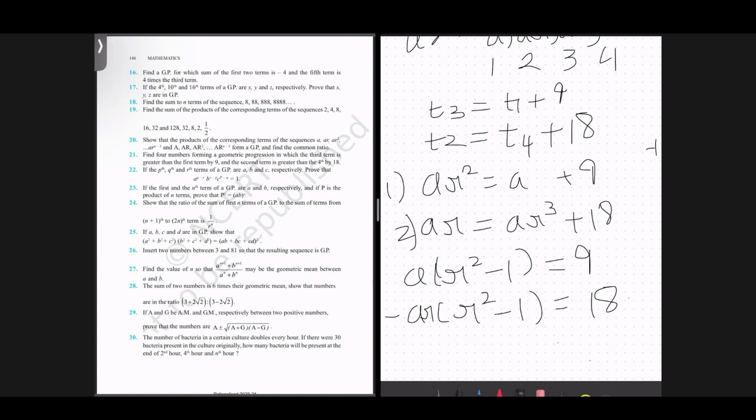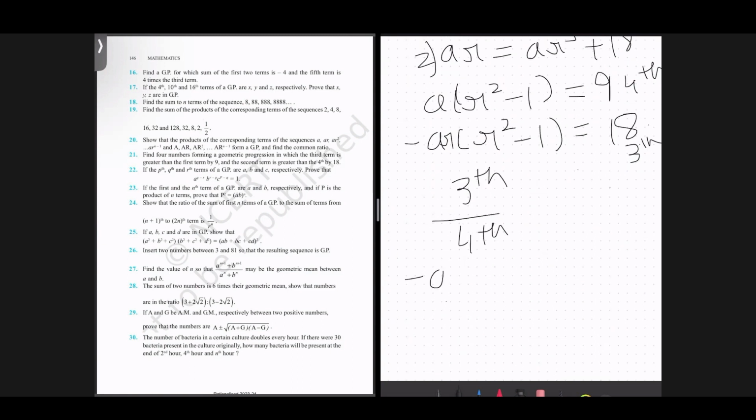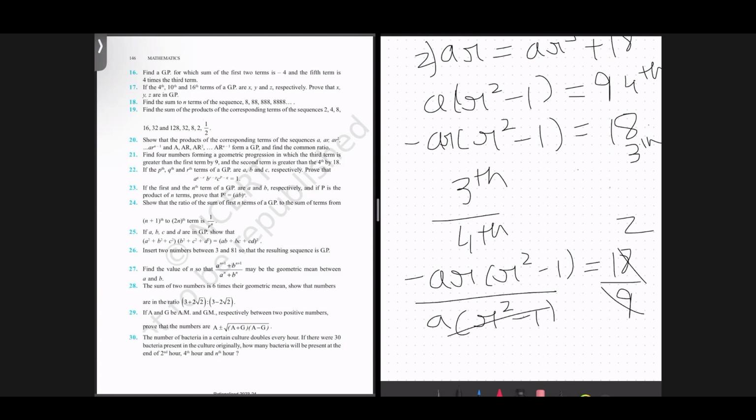Now let us denote this by third equation and this by fourth equation. When you divide the fourth equation by the third, you get minus ar(r square minus 1) upon a(r square minus 1) equal to 18 upon 9. This entire thing gets cancelled, and this gets cancelled.